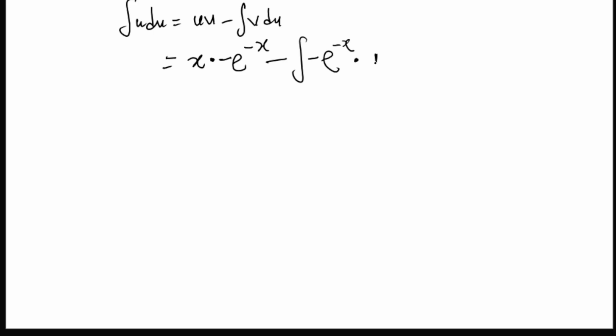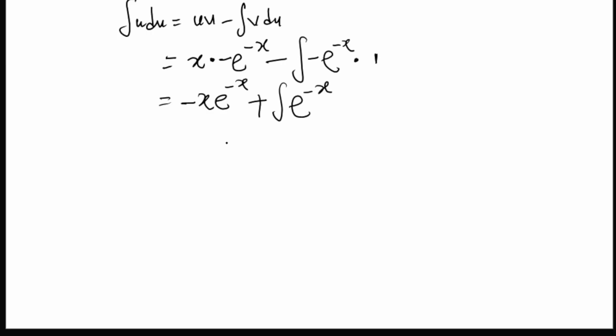The next thing that should come to your mind is this equation is what? Scattered. So what we do is we rearrange this equation. Rearranging this equation will simply arrive at minus x exponential minus x minus, this minus will come out, and if this minus comes out, this will become plus integral of exponential minus x.